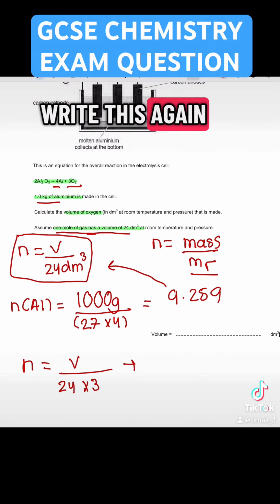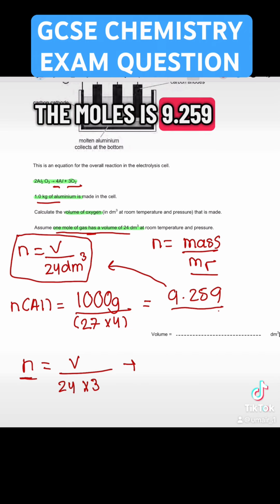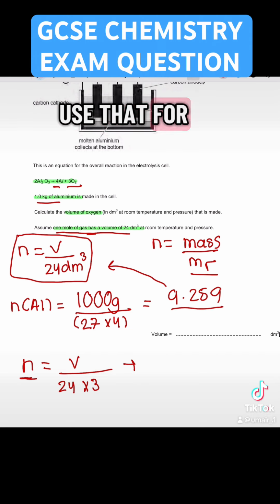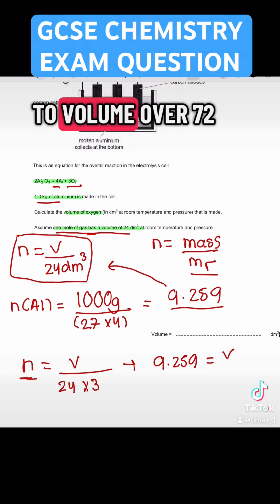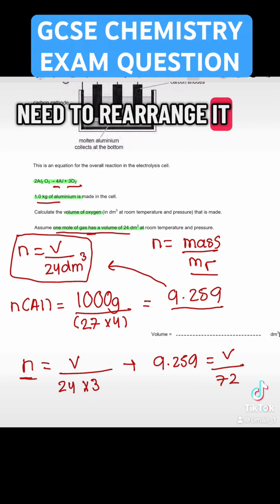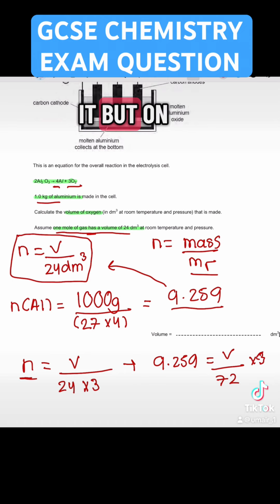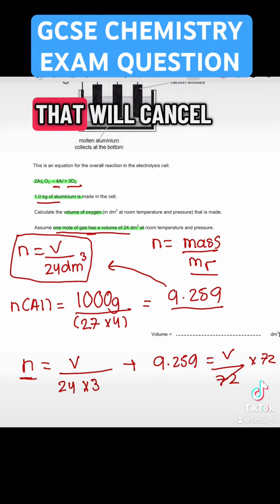Now, if we write this again, with the moles, we figured out the moles is 9.259. Now we can use that for the oxygen. So let's write 9.259 is equal to volume over 72. Now we just need to rearrange it. So we times it, but on both sides, that will cancel.